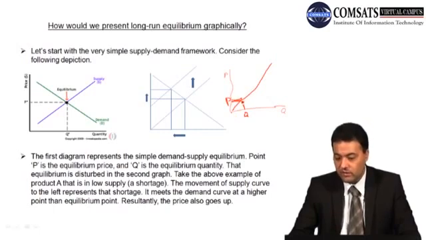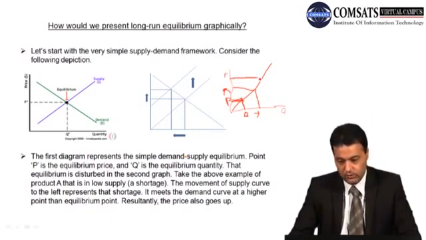So when the price goes up, it meets the supply curve over here, and the quantity goes up too. So over here what you see is that once the price goes up, the quantity increases too.